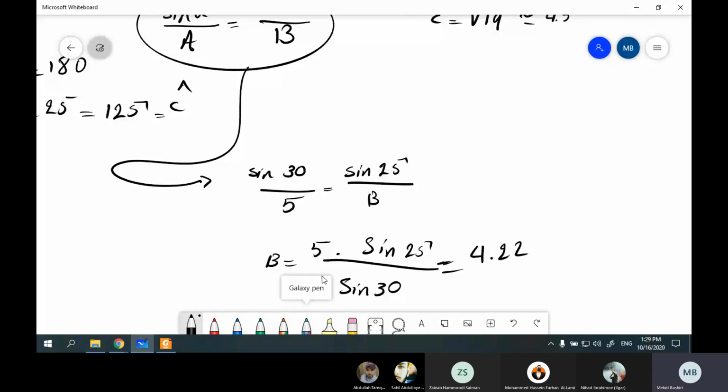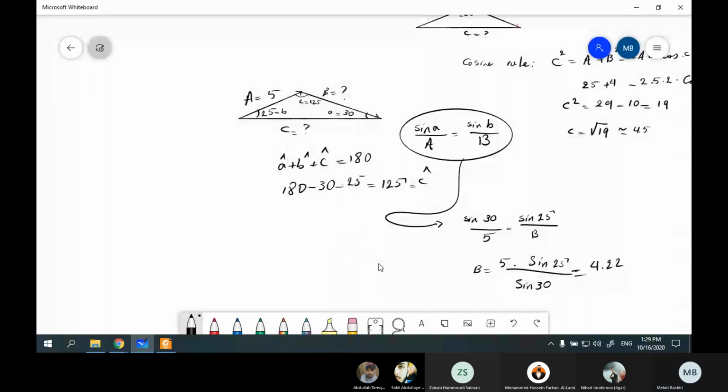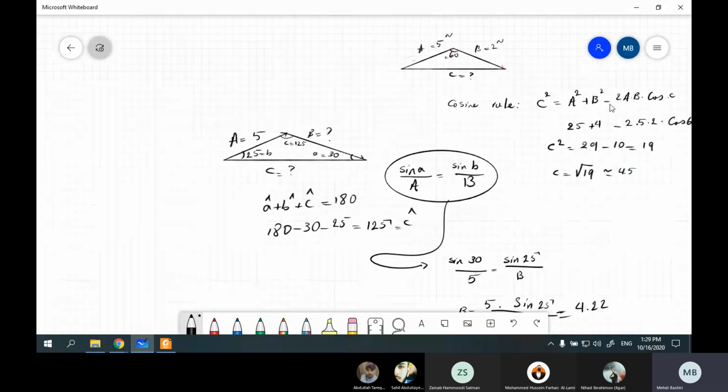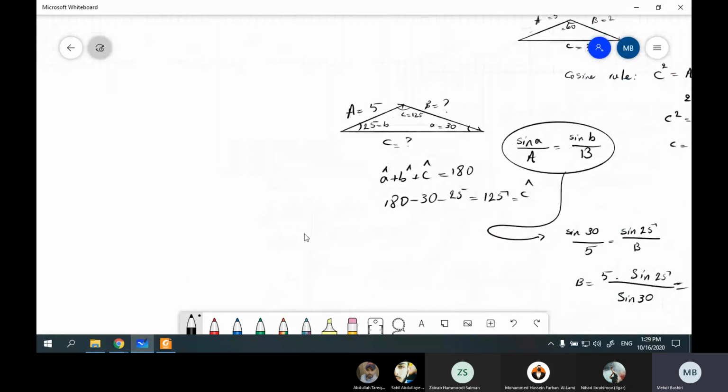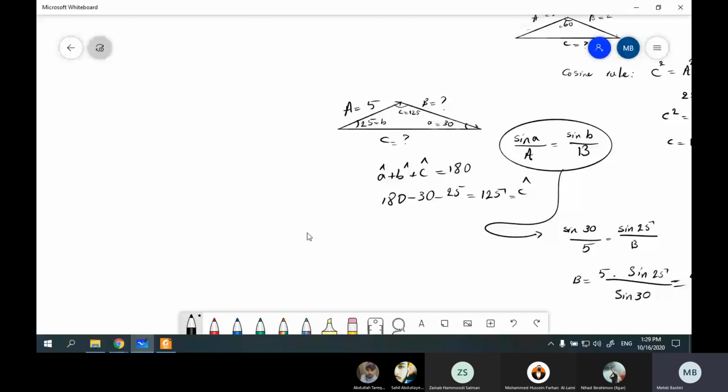Okay, so this is the application of the sine rule. In here we use the sine rule, and here we use cosine. If I ask you how much is C, what would you do?